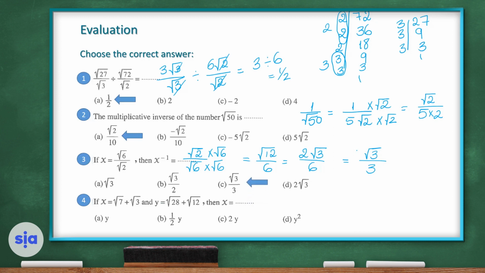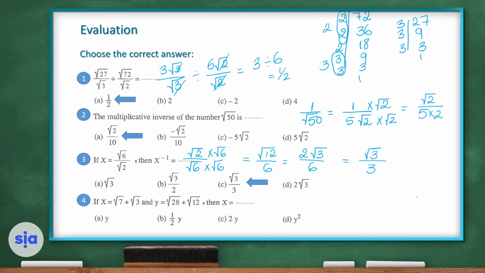If x equals root 7 plus root 3 and y equals root 28 plus root 12, then what is x? So we need to work out on simplifying each of the radicals that we have. So let's simplify y because x is already in the simplest form.